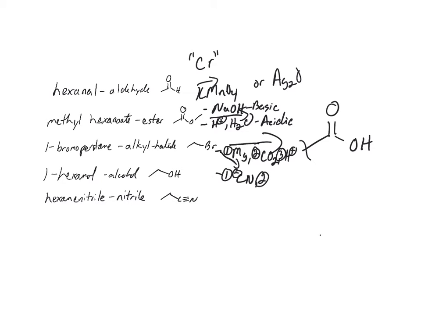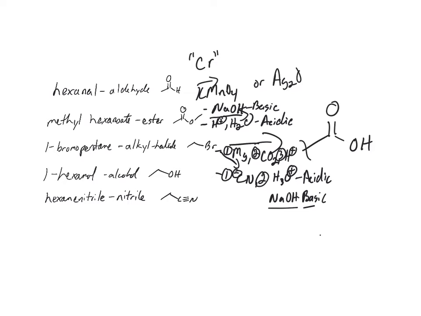What do you need to do? How do you turn a nitrile into a carboxylic acid? H3O plus would do it, or H plus and water. Nitriles will turn into carboxylic acids with H3O plus and water, that's the acidic way. I think we did this, maybe. But also, NaOH will turn nitriles into carboxylic acids too.